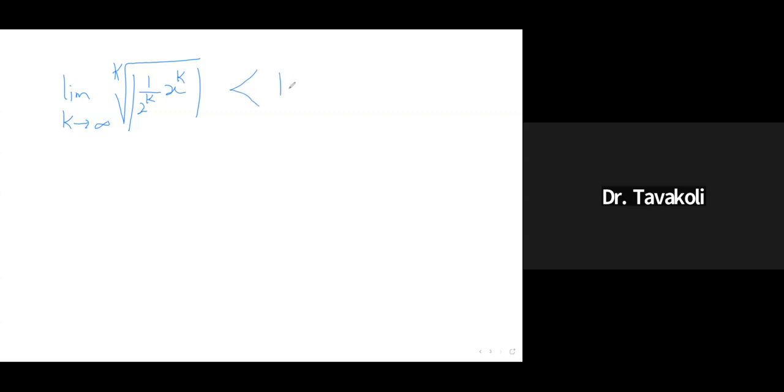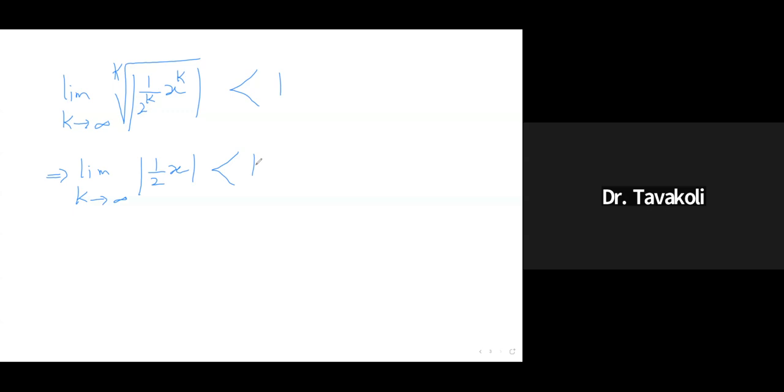But in this example, k easily cancels out because we have k as the index of the radical, and also k is the exponent of 2 and x. Therefore, we have the limit as k tends to infinity of the absolute value of 1/2 times x. This should be less than 1. There is no k anymore. k canceled out.